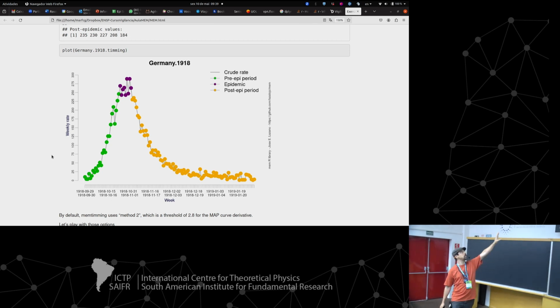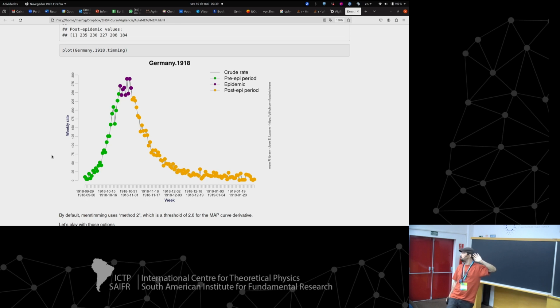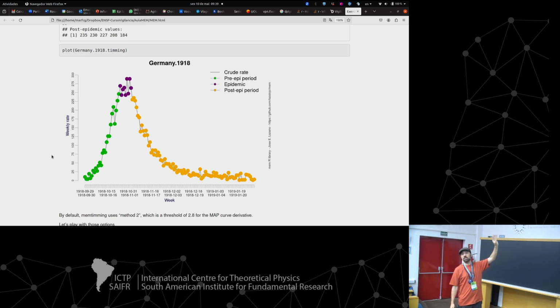We just applied the mem timing function on top of it, so it's using all the default parameters of that function. Okay, and we've seen in the last class that there's no such thing as one size fits all in terms of methodology to estimate or classify a season in terms of pre-epidemic, epidemic, and post-epidemic season. So what we see clearly here is that the default parameters are not good enough. Even though we know that this is just the first stage of the process, it's still pretty bad.